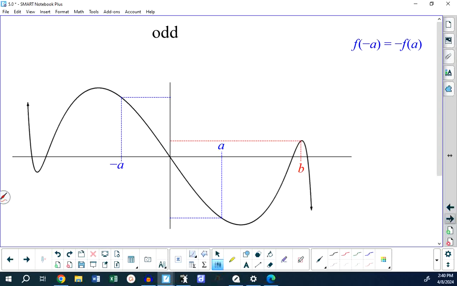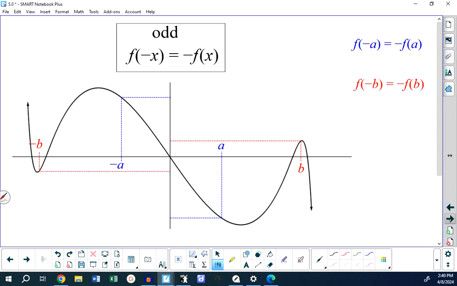When I put in that negative value of x, I get a negative value of y. All that is important is by putting in the positive and negative value of x, you get opposite values of y. So we conclude, since f of negative b is negative f of b and f of negative a is negative f of a, that f of negative x is negative f of positive x.